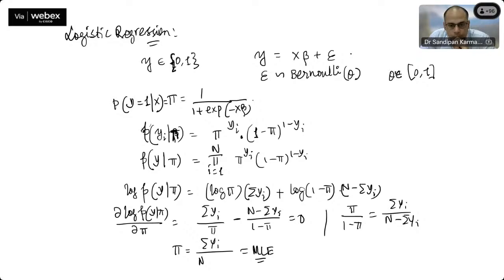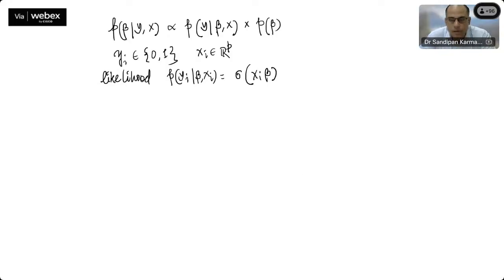Here log pi and here log of 1 minus pi. This is correct. So we write it as sigmoid of xi beta to the power yi, multiplied by 1 minus sigmoid of xi beta to the power 1 minus yi.